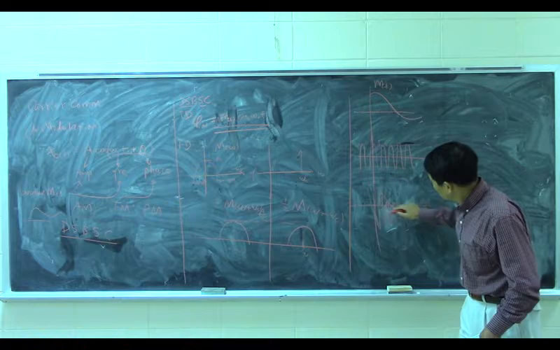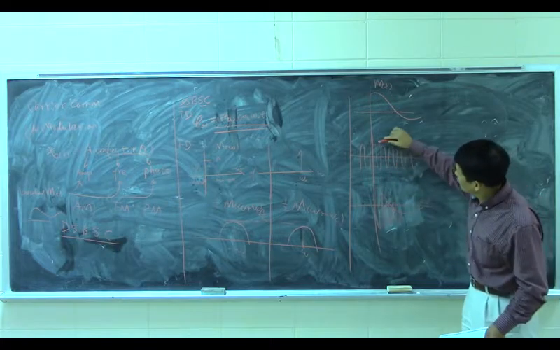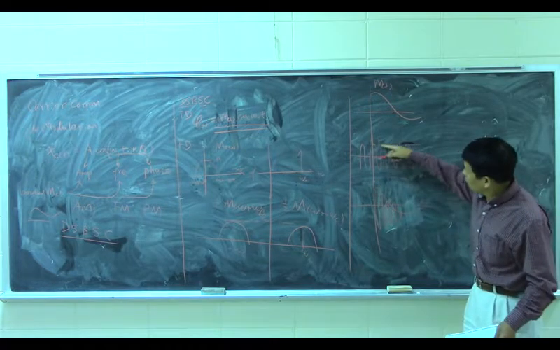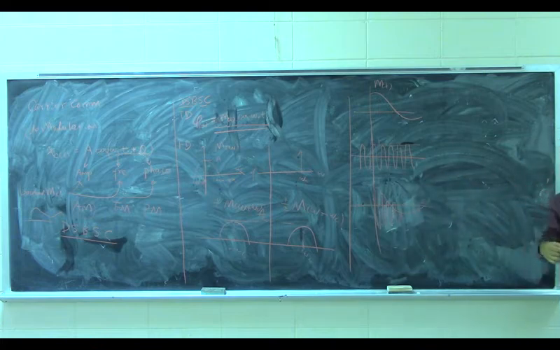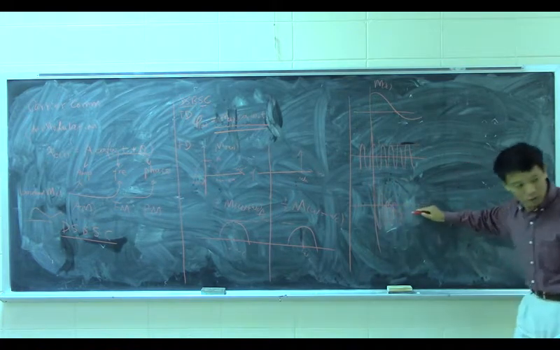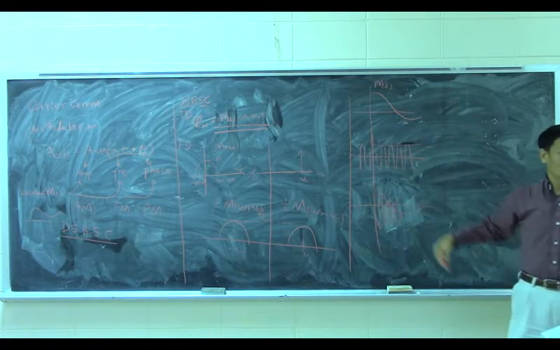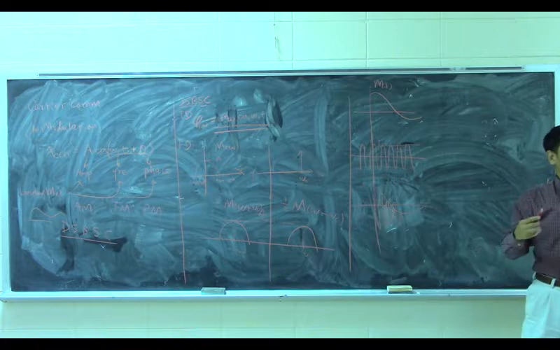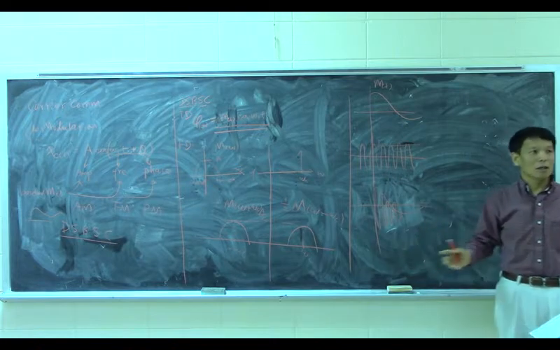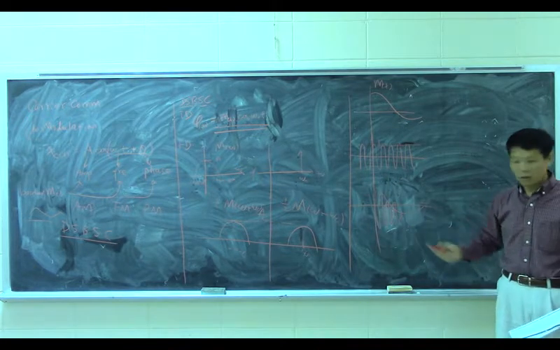The amplitude will be changed from 1 to m(t). So we still have a sinusoid function, but the amplitude is no longer constant, it is m(t). If we observe this modulated signal on the oscilloscope, that is what we have.